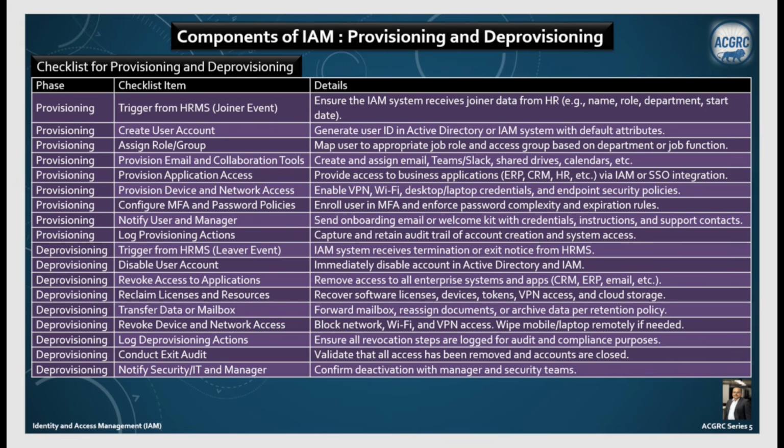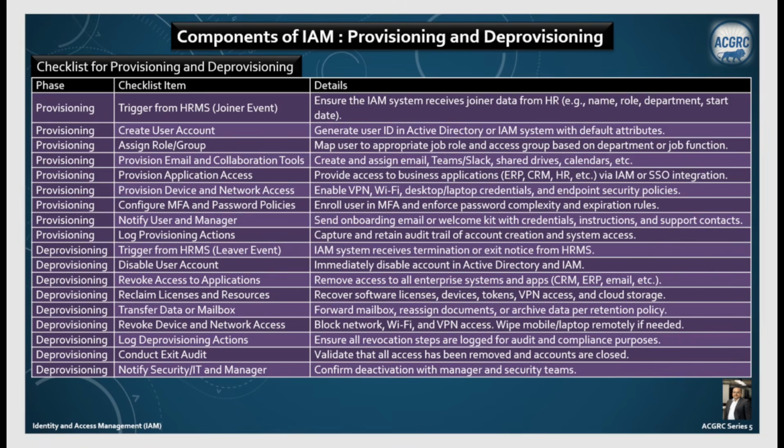It forwards mailboxes, reassigns documents, or archives data per retention policy. It blocks network, Wi-Fi, and VPN access. It wipes out any mobile or laptop remotely if needed. It ensures all revocation steps are logged for audit and compliance purposes.